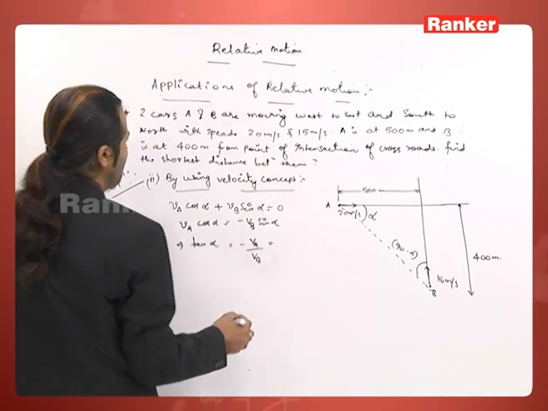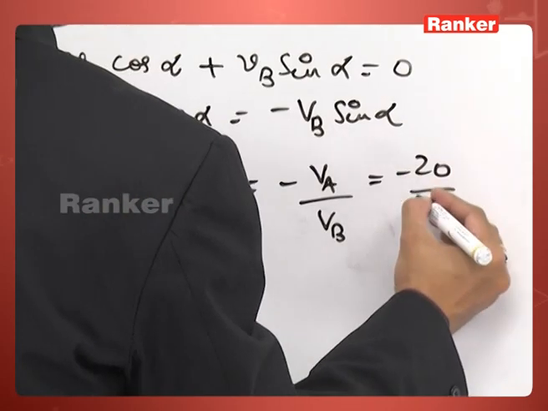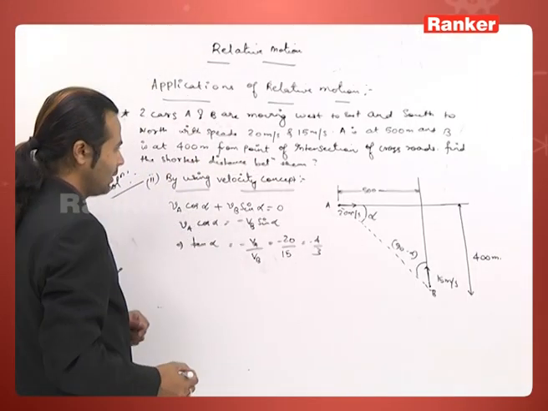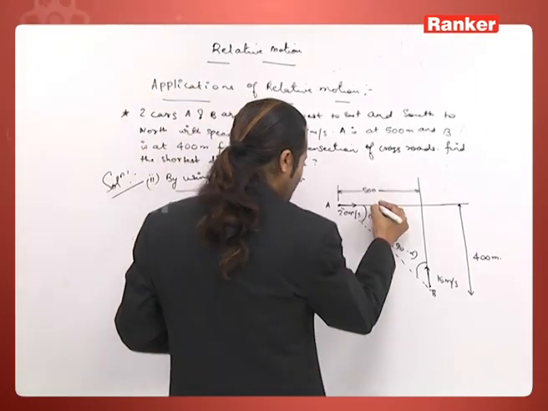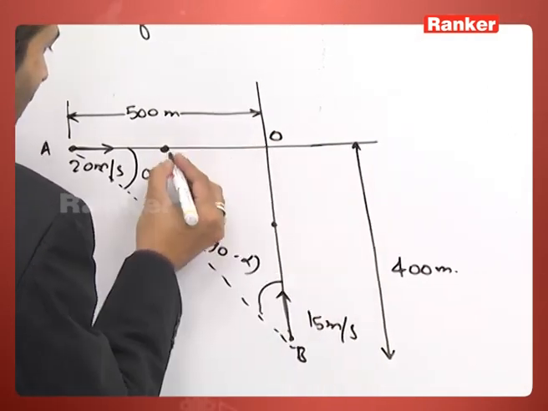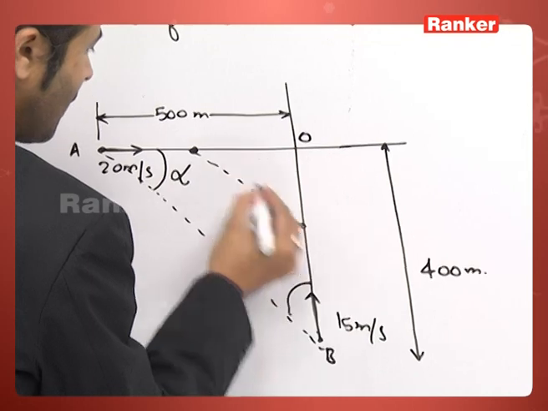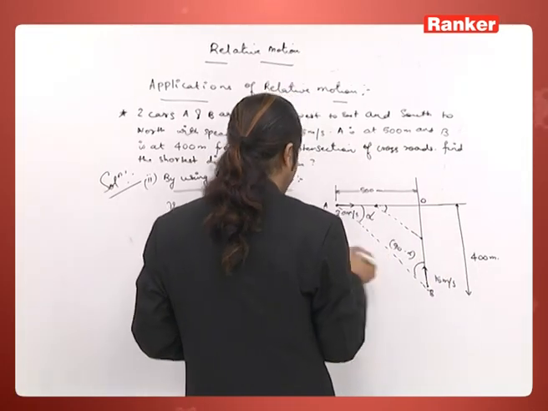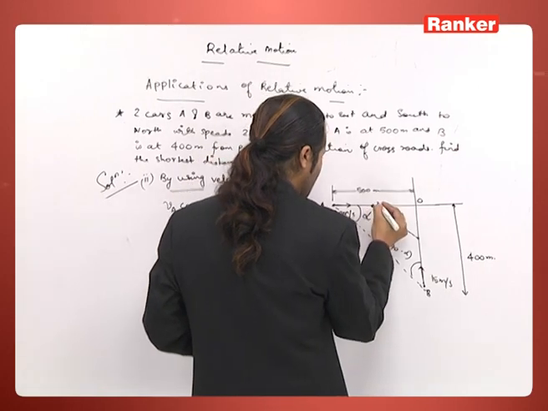Va is minus 20 and Vb is 15, so minus 4 by 3. Now at some point A is here and B is here. So again alpha dash, or 90 minus alpha dash, will be the same. So minus 4 by 3 remains constant.